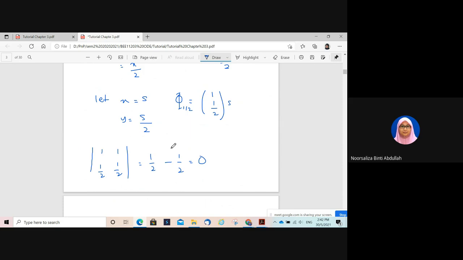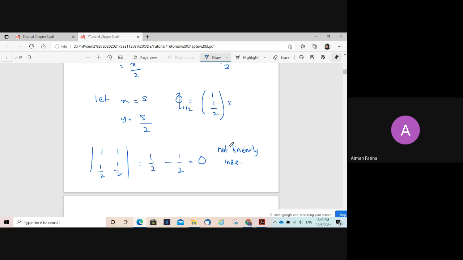If this matrix is equals to 0, what does it mean? Is it linearly independent or not? It's not linearly independent, right? No. What happens if this one is not linearly independent?